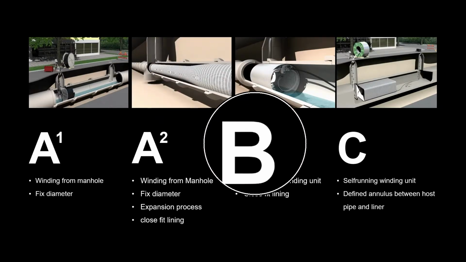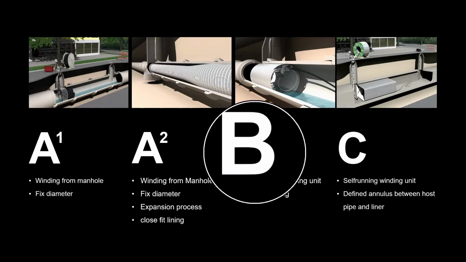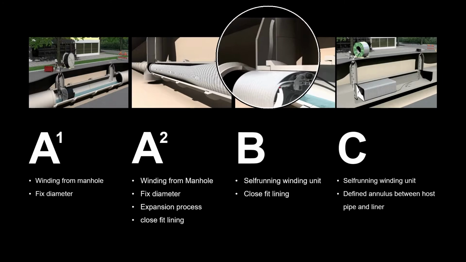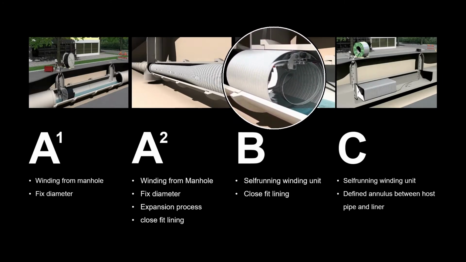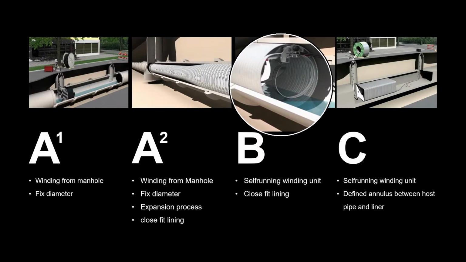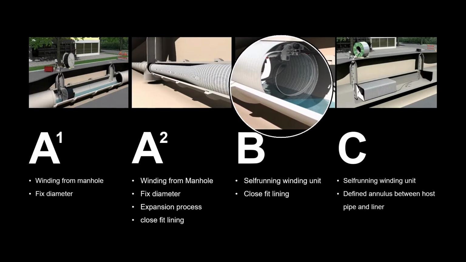Then we have the third one, the group B, where we have a self-running machine. So it means the winding machine is lowered down in the starting manhole and then runs through the rehabilitation line, and leaves the spiral wound liner behind. This one produces a close fit liner directly. So it means directly during the lining, the close fit spiral wound liner will be formed.